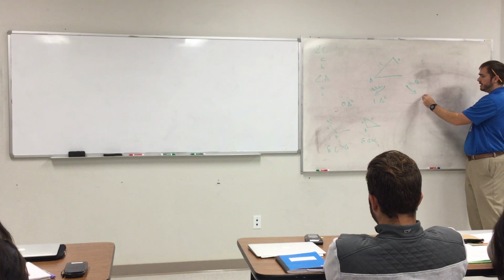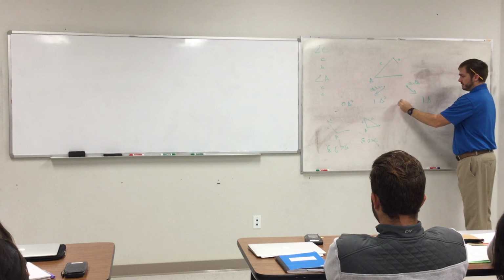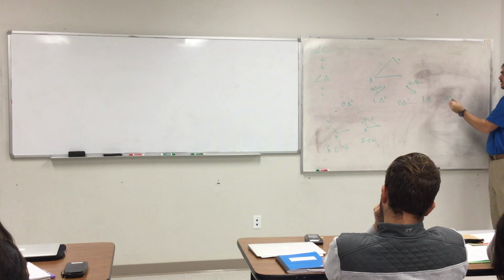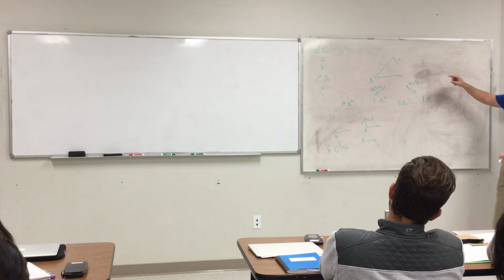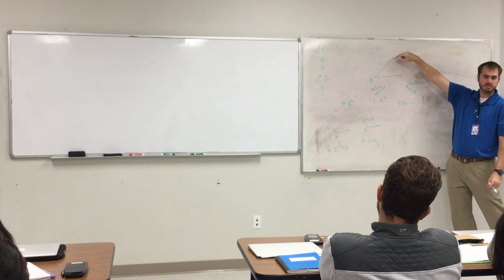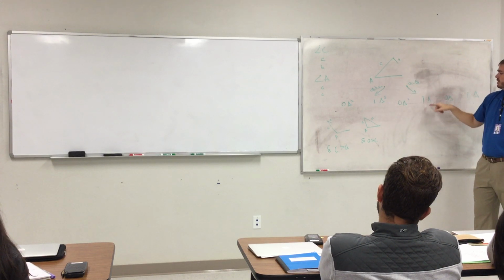I feel like one of the easiest ways of dealing with it, you could have a one triangle situation, you could have a zero triangle situation, you could have a two triangle situation, or you could have yet another one triangle situation, depending on how long this A is up here, how long the side that's across from the angle, okay? The one triangle situation is, I feel like, kind of the easiest.